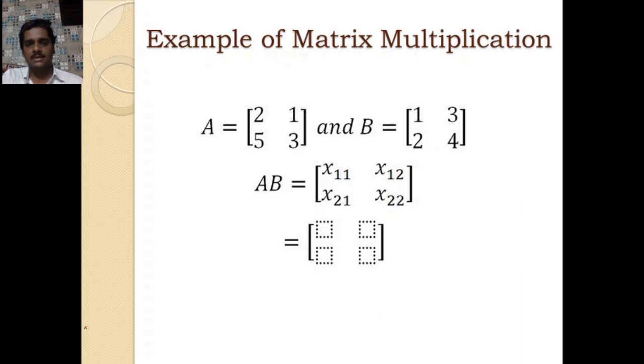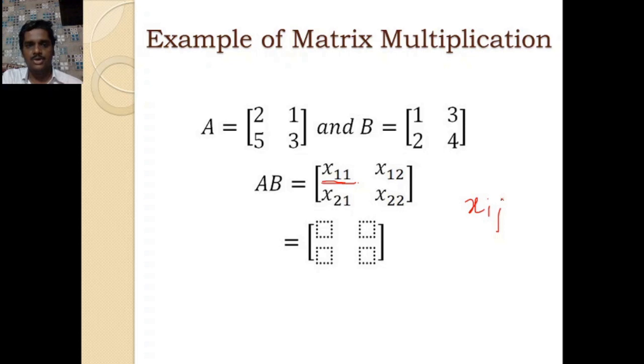Now let's talk about this first element. I have used notation Xij to represent element of AB. So to get this element, you have to concentrate on this row index and the column index.